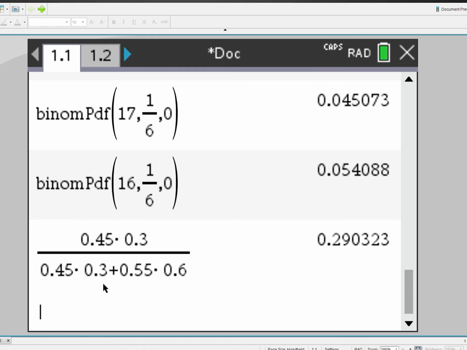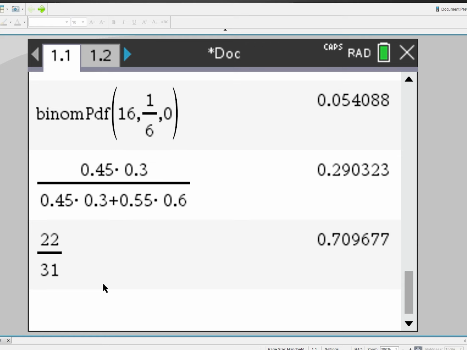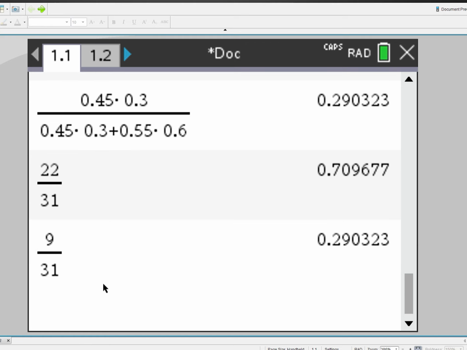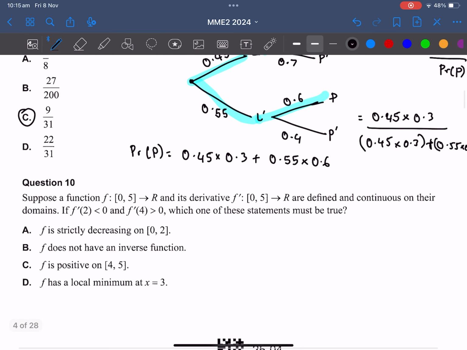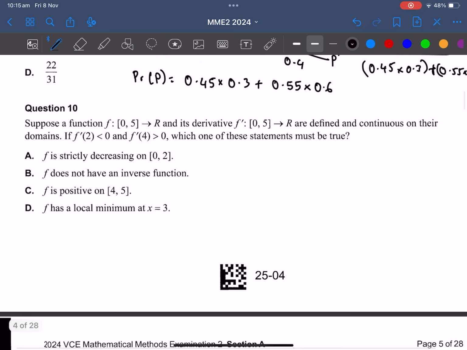Okay, so 0.290. So our CAS gave us 0.290. Okay, so we have a lot of fractions, so let's start from option D again to get into a decimal format. No, it doesn't match. Yeah, okay, so 9 on 31 is the answer. Alright, so option C.